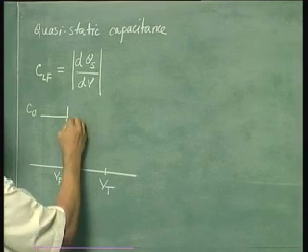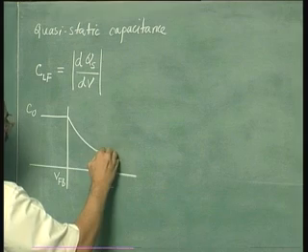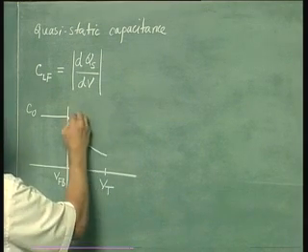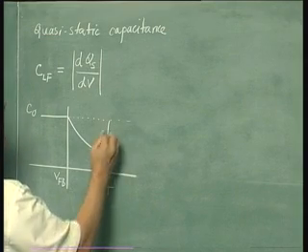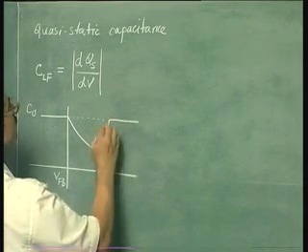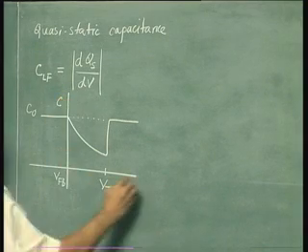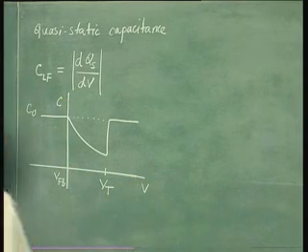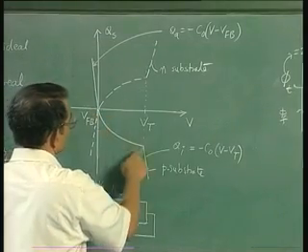Then the capacitance falls, so this is how the shape is, and beyond this it abruptly rises again back to C naught. So this is C versus V. This is the behavior that we get for the low frequency capacitance from differentiating like this.